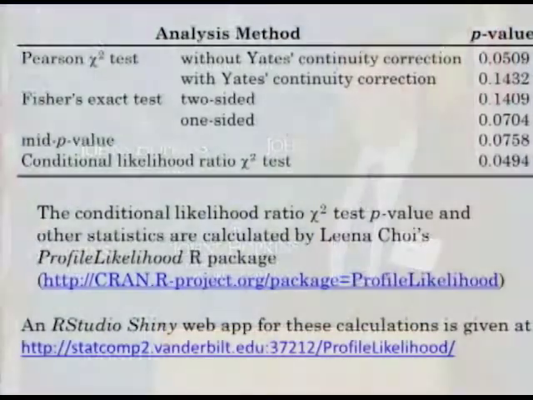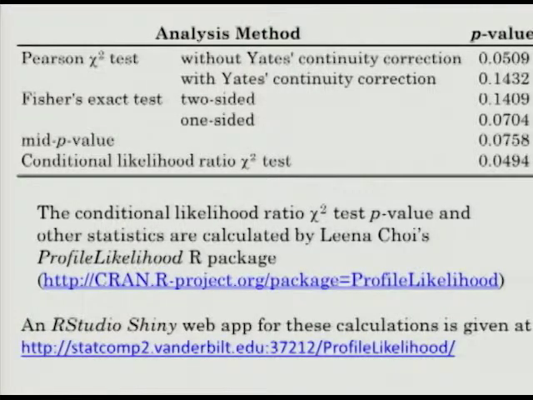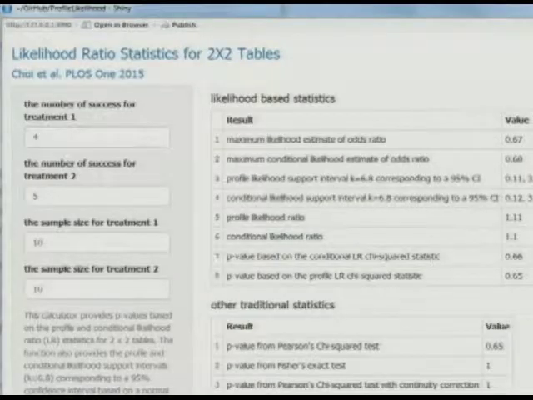At any rate, Lena Choi has an R package that will calculate this and all sorts of other relevant statistics. And we also have an RStudio Shiny app, again in the handout, or you can find it on our webpage, where you can stick in these numbers and get the appropriate p-value of your choice.